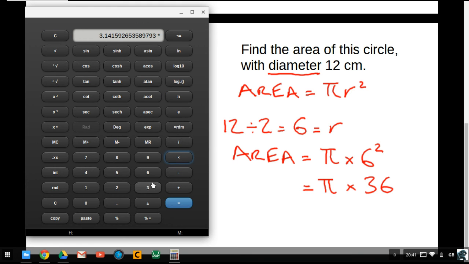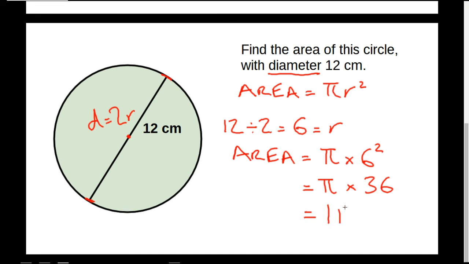Pi times 36 will give us an answer of about 113 point, let's round that, so 113.10. Again, just stick our units on the end. That will be centimeters squared.